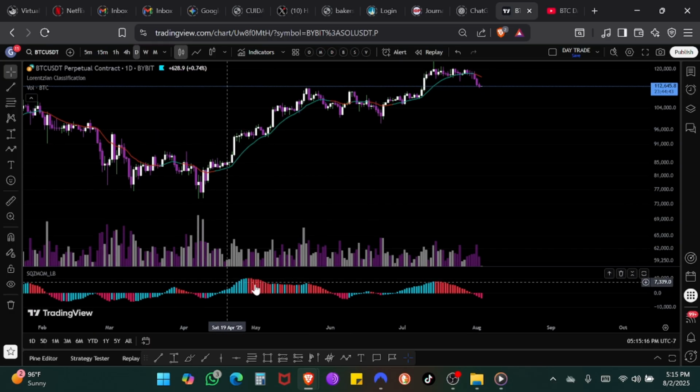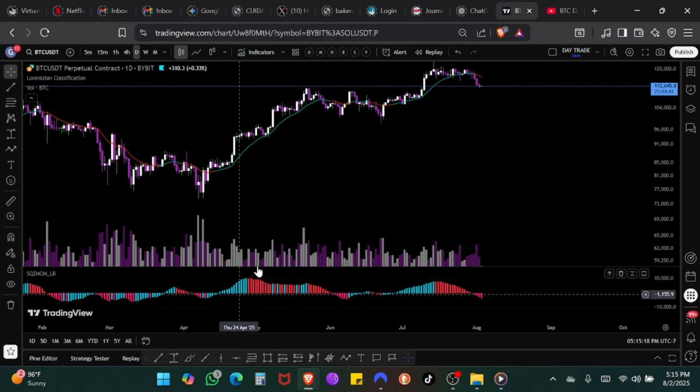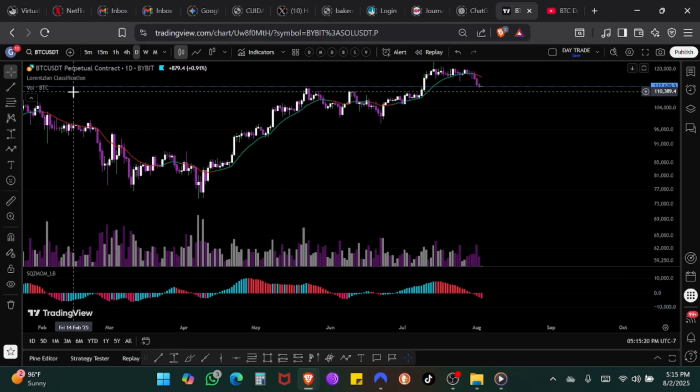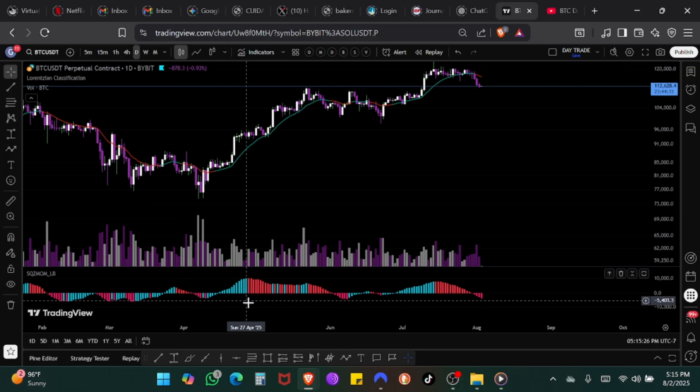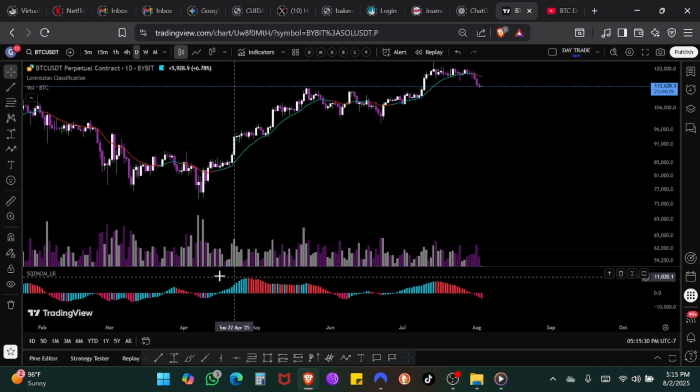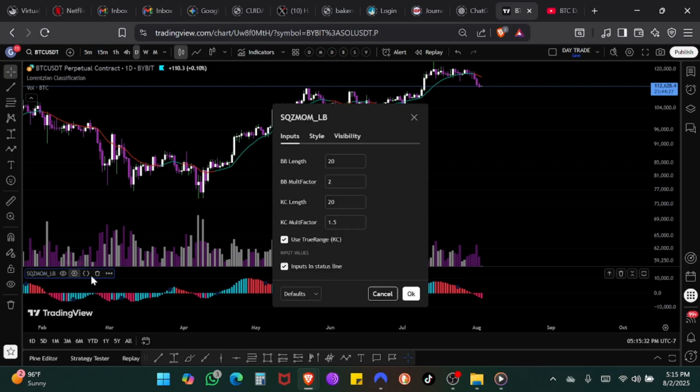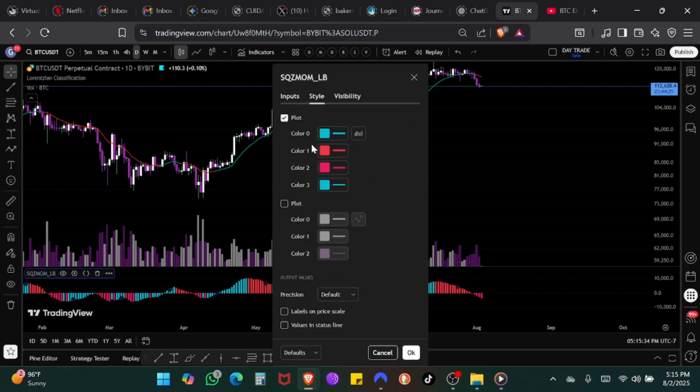Supporting this Lorentzian classification EMA, I use the squeeze momentum indicator. I only use the histogram part plot, and I disable the second part, because the second part could be confusing and is not as accurate.